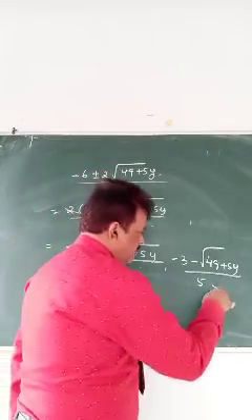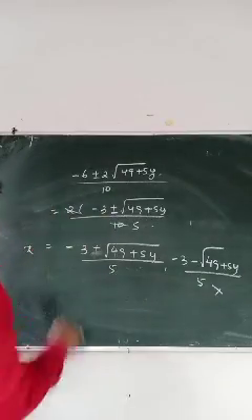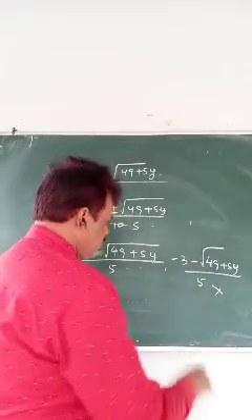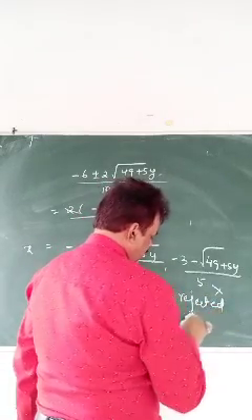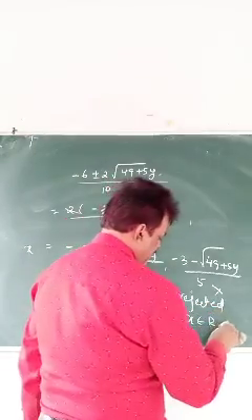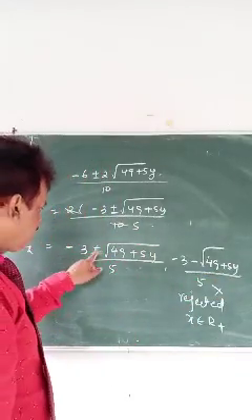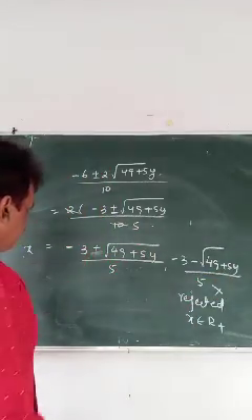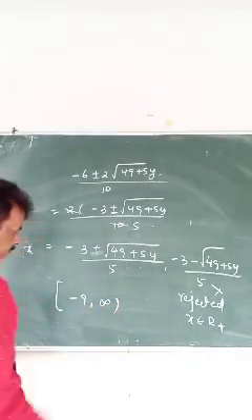This is rejected because the value of x cannot be negative, so rejected. X belongs to R plus, so R plus means this is not there. Now you have to verify whether this one is present or not. Pick up any value from minus 9 to infinity.